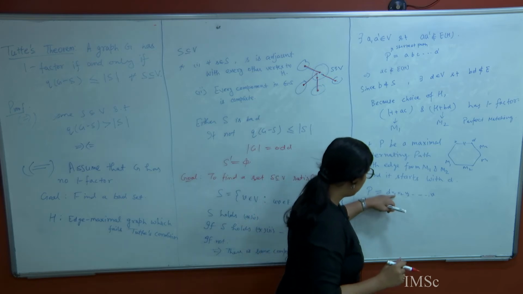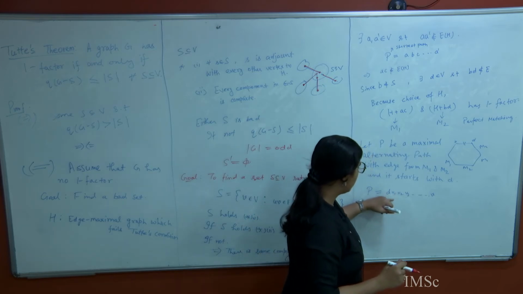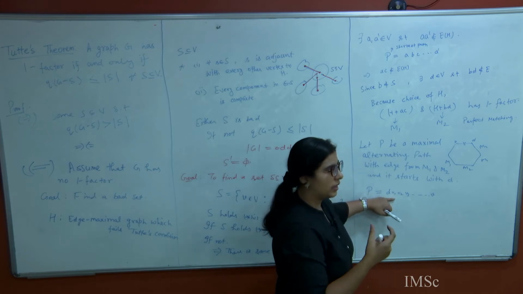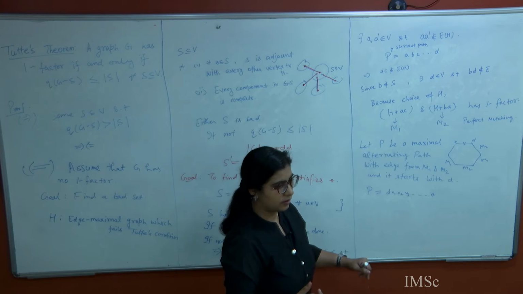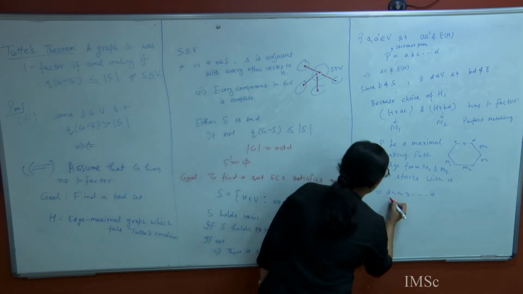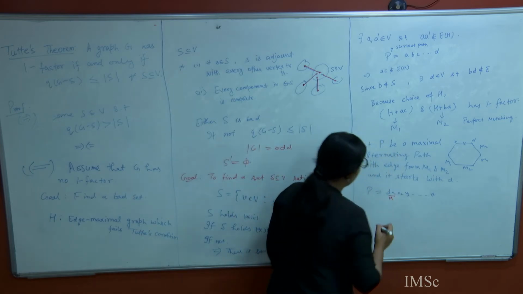So, what can you say about the first edge of the path, where it will be? M1, right. So, this is from M1. Why?